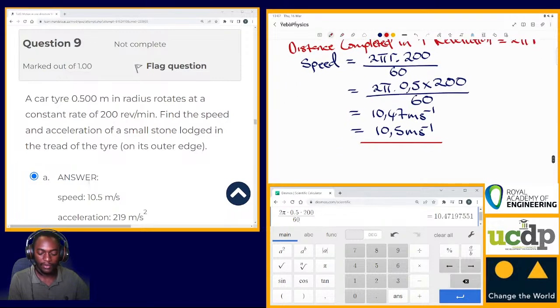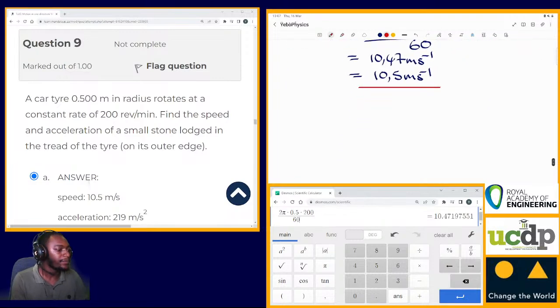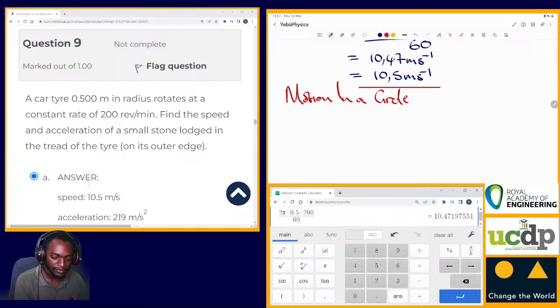The second part of the question requires us to find the acceleration. So again, we are still considering motion in a circle. For motion in a circle, when calculating the acceleration, a is equal to the square of the speed over the radius.